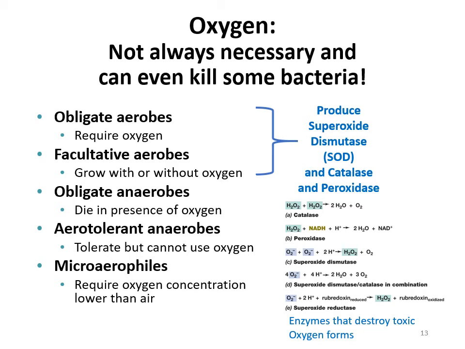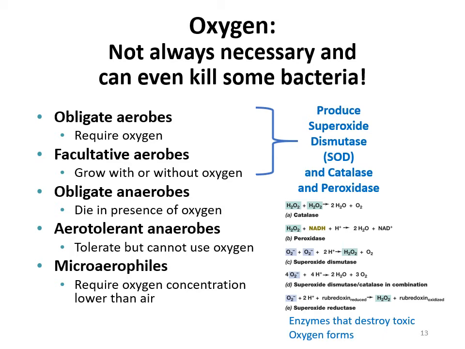If it encounters oxygen in the atmosphere, it will die, because the free radicals will make it unstable, and it has no way to counteract the free radicals. So aerobes produce superoxide dismutase and protect themselves.